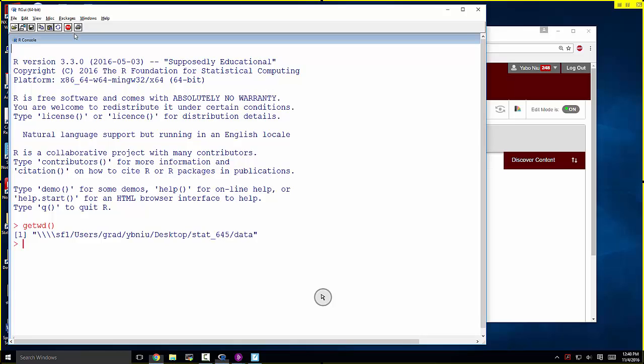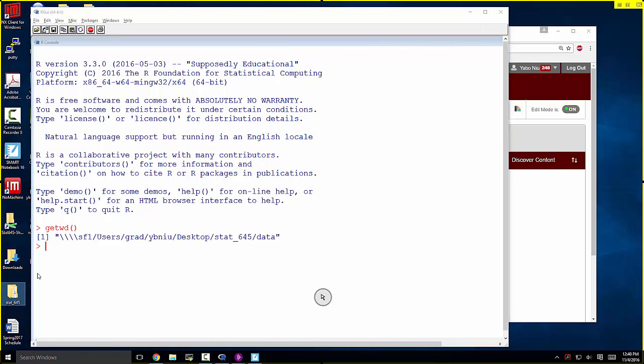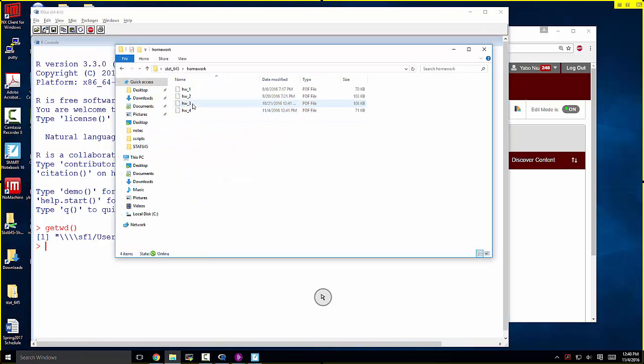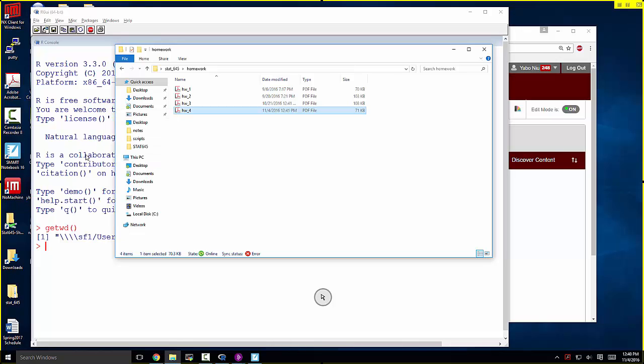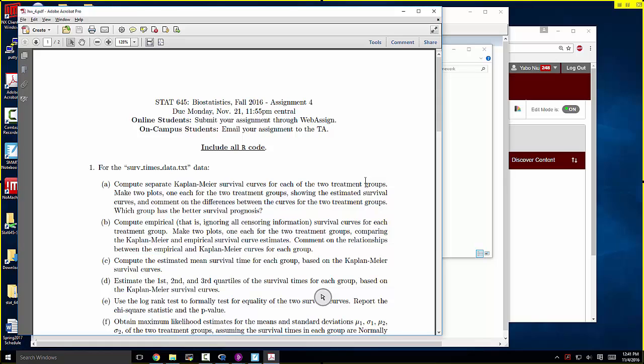Let's see. So this homework assignment is survival stuff. And there's 3 problems. The first problem is all about survival curve estimates.